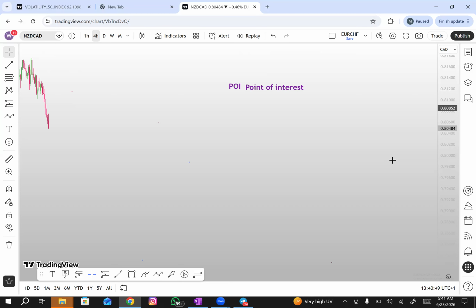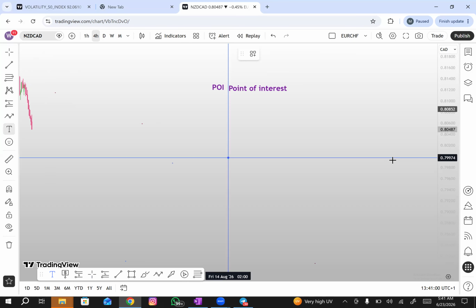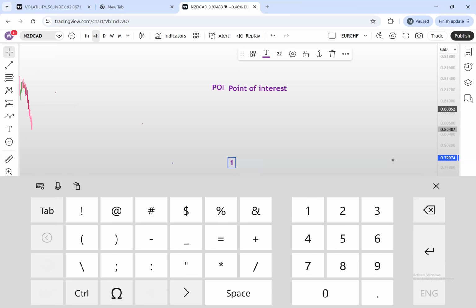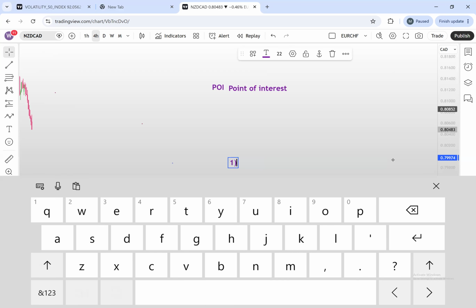When it comes to this system, this strategy, there are two types of point of interest that I use. The first one is order blocks.